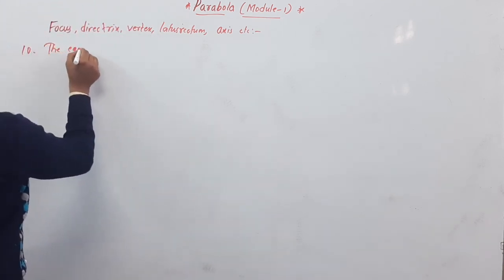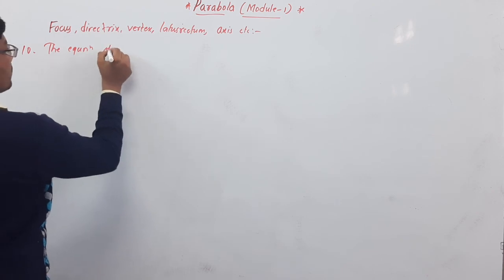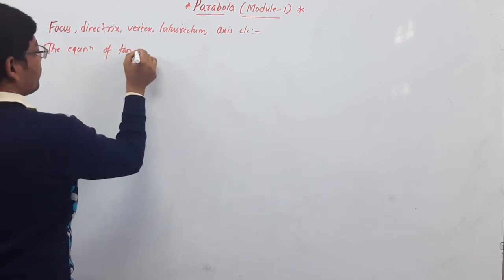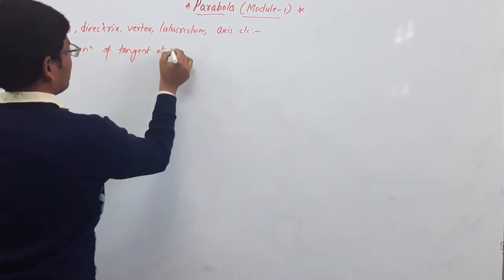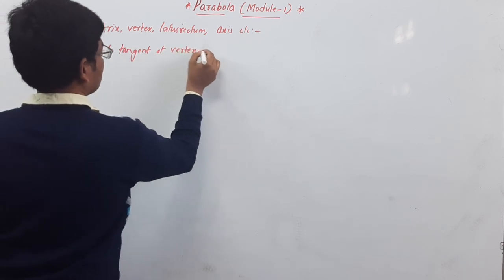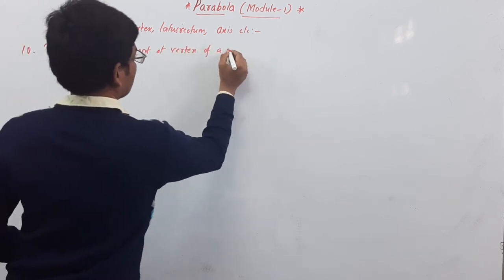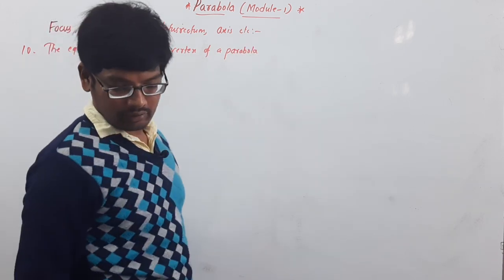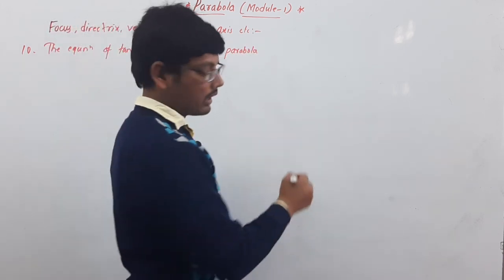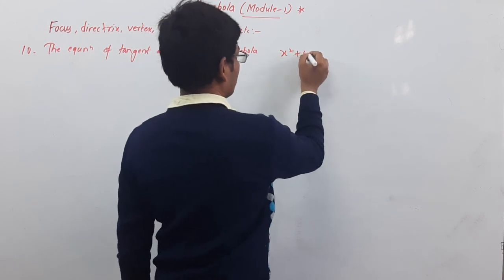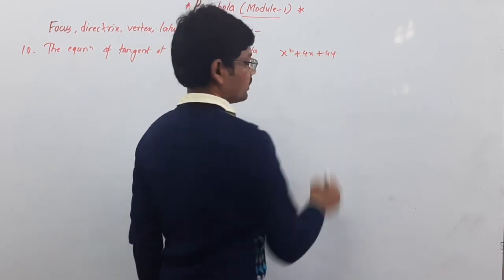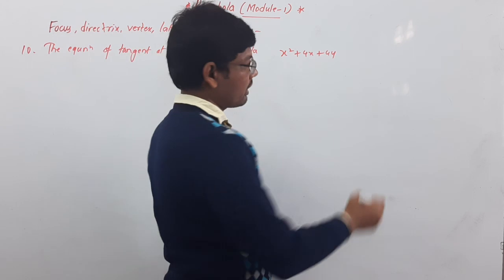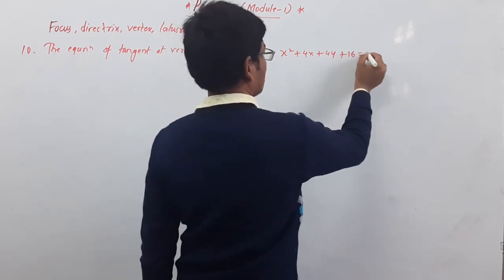The equation of tangent at vertex of a parabola: x square plus 4x plus 4y plus 16 is equal to 0.